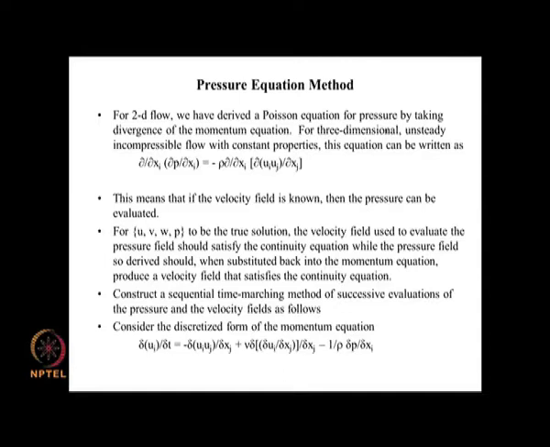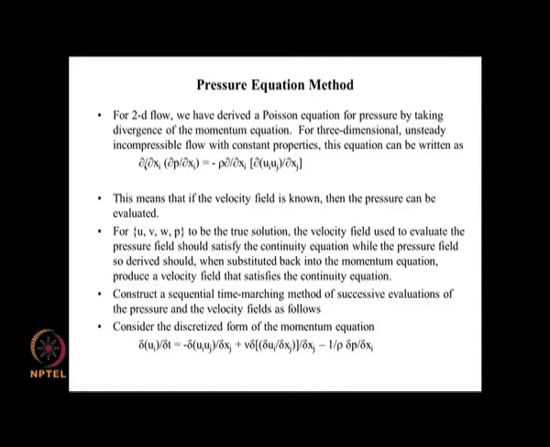For 3-dimensional unsteady incompressible flow with constant properties, the same Poisson equation for pressure can be written in this compact way using the index notation format, that is dou by dou xi of dou p by dou xi. In this term the index i is repeating, and therefore this implies sum over the 3 values of i that it can take.